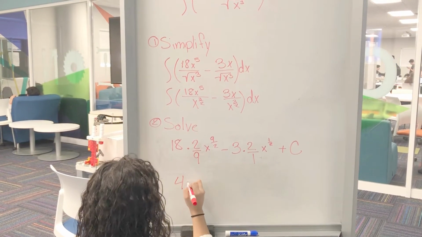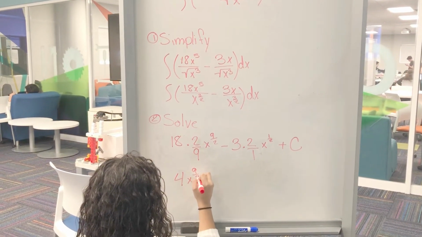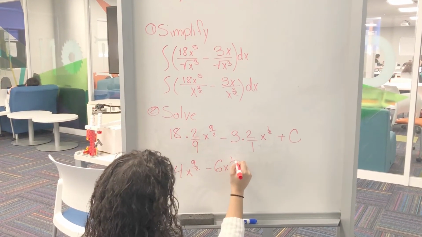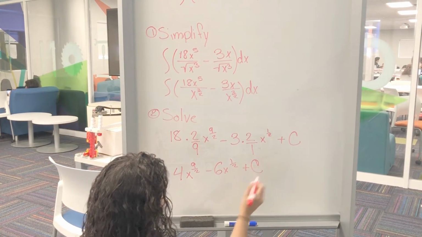So if we simplify it, it's going to be 4x exponent 9/2 minus 6x exponent 1/2 plus c.